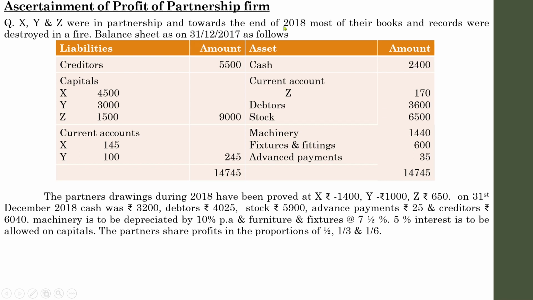So we have opening and closing dates, and the opening balances are given. Since opening balances are given, we need not worry about the opening capital balance. We have already written here or given in the question. So we have to prepare statement of affairs for the closing period. So let us prepare a statement of affairs of these partners for the date 31st December 2018.